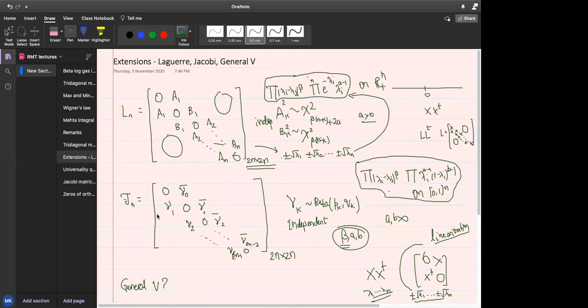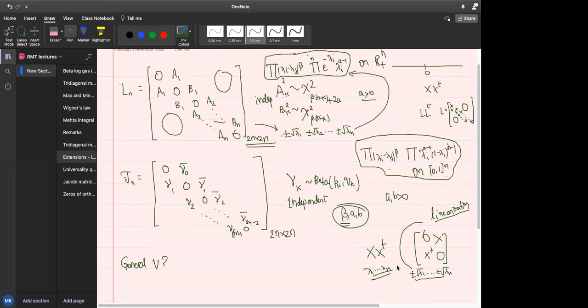Now let me come to the Jacobi ensemble. Whatever is available in the literature, what I have seen, is way more complicated looking than this. So the simplification is useful for the same reasons. What is the problem with XX transpose as compared to this? Here the entries are linear in the independent variables. There the entries are not independent. They are quadratic in the independent variables. That makes a big difference in some of the calculations.